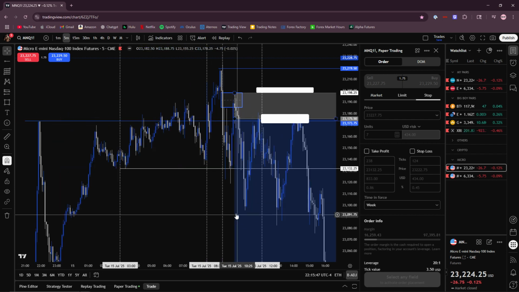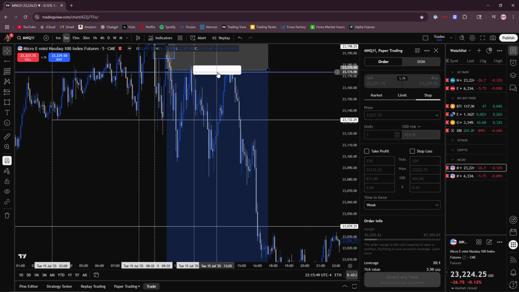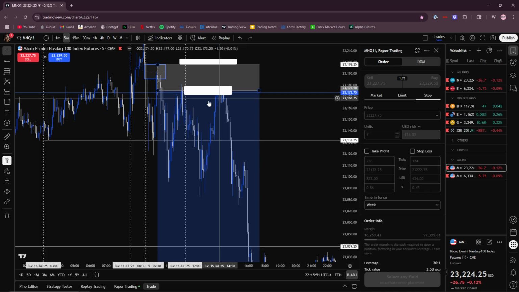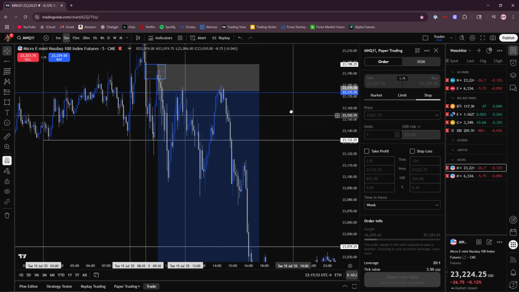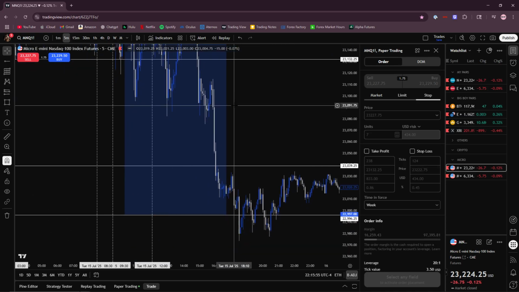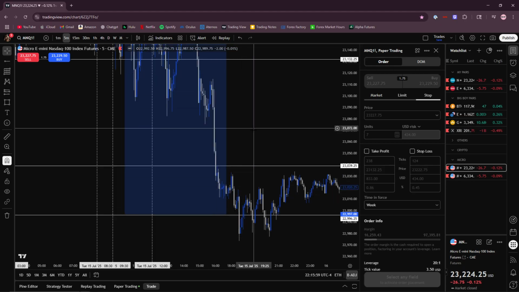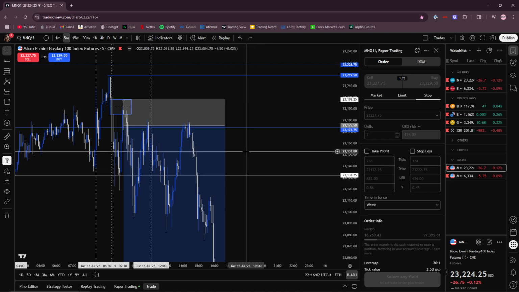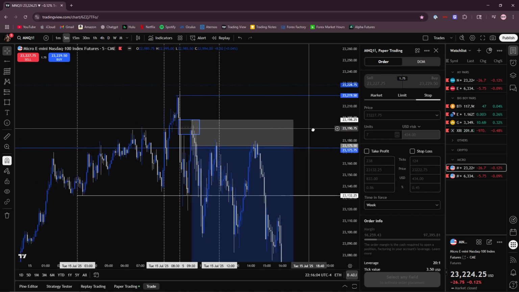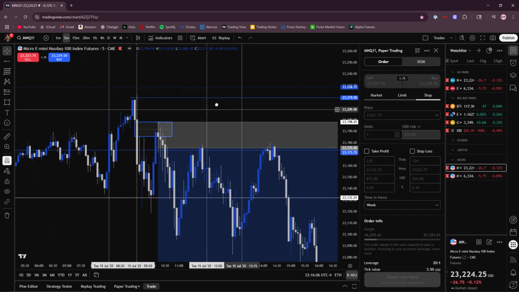Price hits there, but it doesn't really matter that it's hitting our break-even point because we're not at break-even yet, because price has not hit our take profit one. But at about this point here it hits it, and then over here it hits it. So that's pretty good. Yeah, let's actually just look at it here.